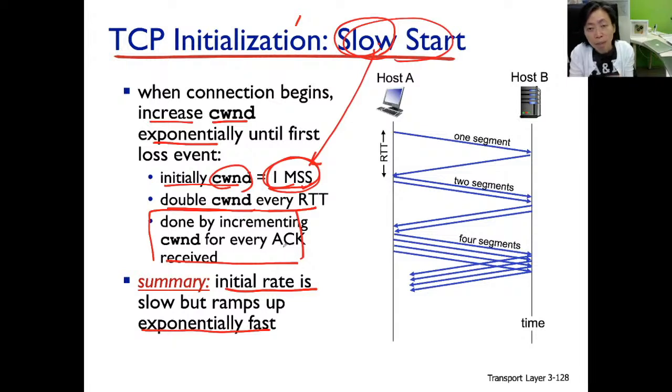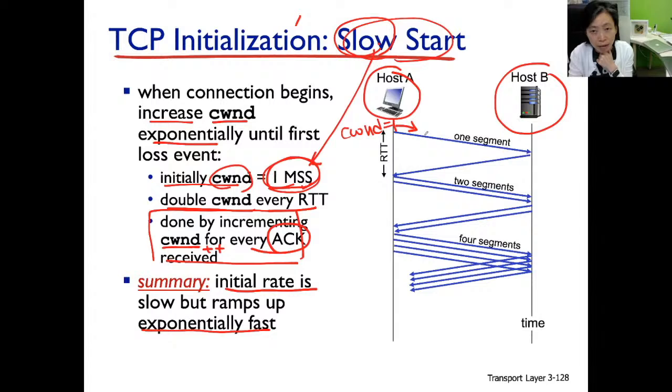The last point I want to make: doubling the window size per round trip time is actually implemented this way. The window size is incremented by 1 after receiving an ACK. Look at the illustration on the right. A is the sender, B is the receiver. A is originally in slow start with a cwnd of 1 MSS.